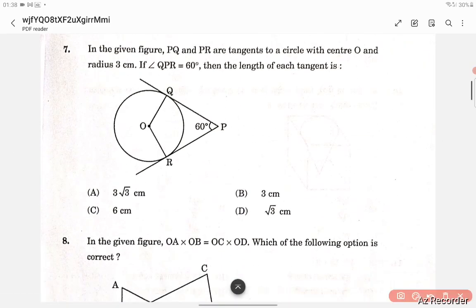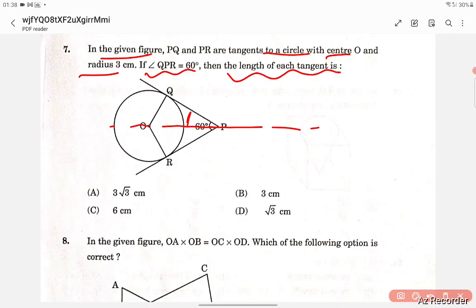Now the next, in the given figure, PQ and PR are tangents to a circle with center O and radius 3 centimeter. If this angle is 60 degree, find the length of each tangent. We'll do a construction. Okay, so this is 30 degree now. This is 30 degree and this is our perpendicular, 90 degrees.